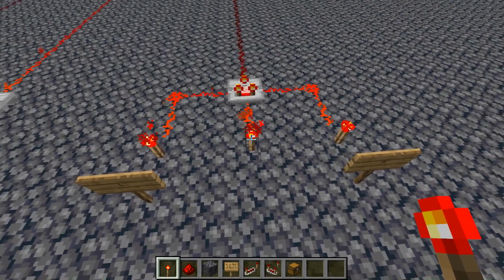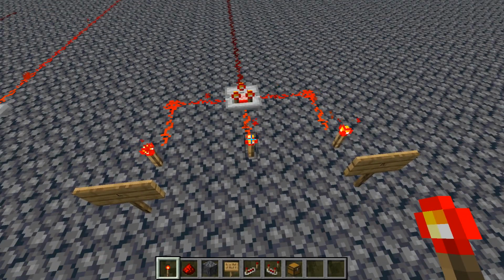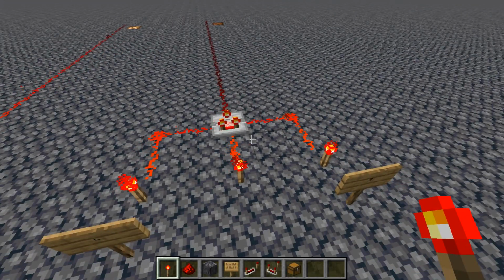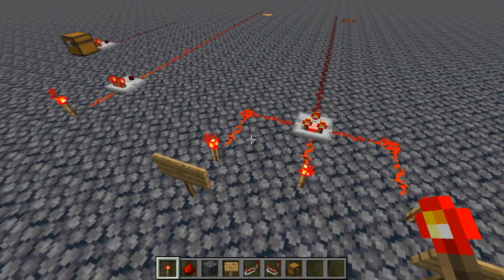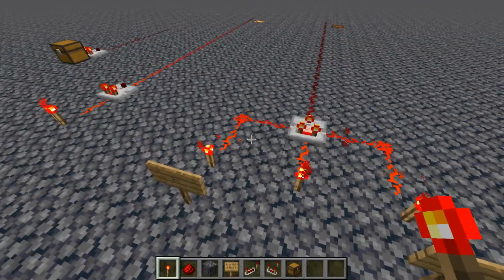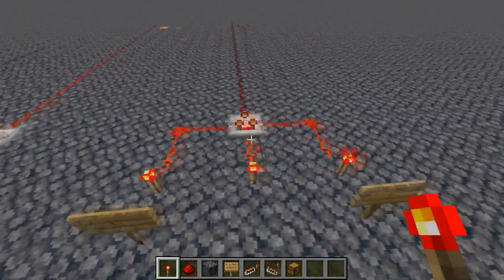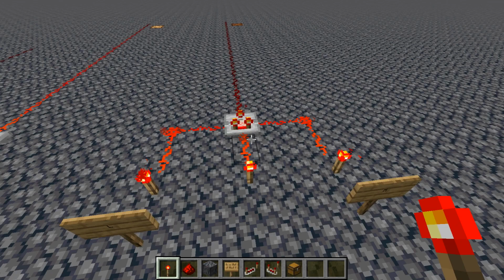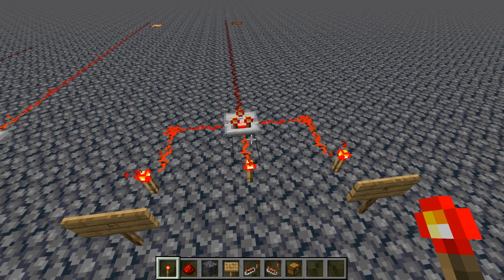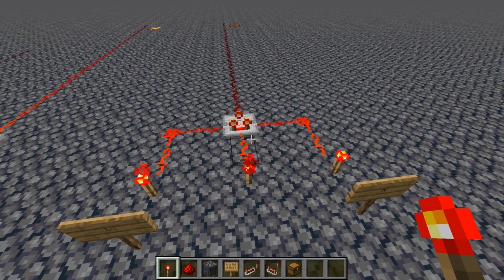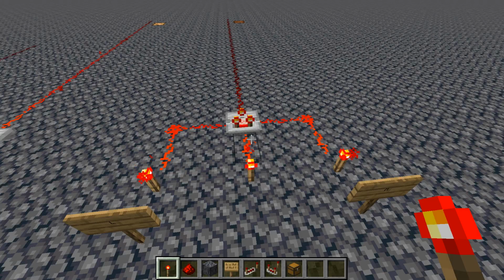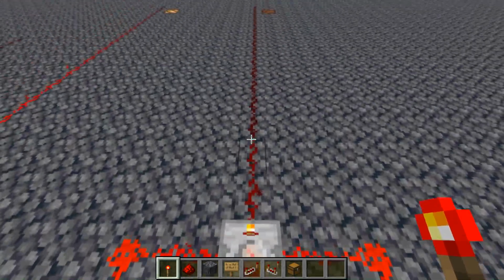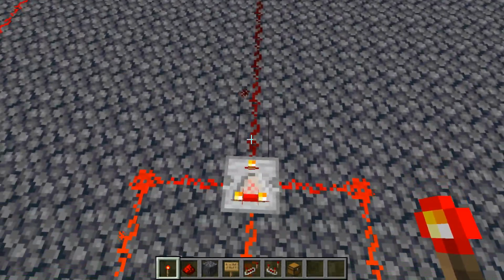So that's going to be the back signal minus the max of the left and right. So we're going to take 15 minus 13. Now left and right are both 13, so I can pick whichever one I want. So that is 15 minus 13, which is equal to 2. Now we then take the max of 2 and 0, which is signal strength of 2. And as you can see, this comparator is outputting 2.